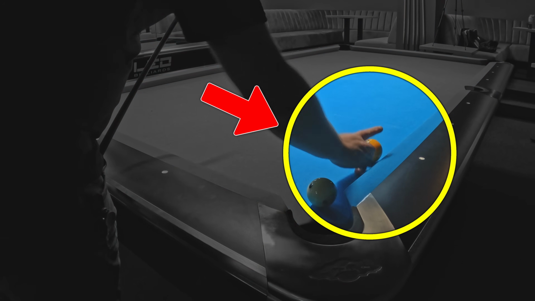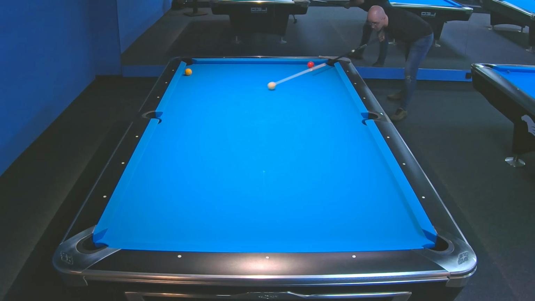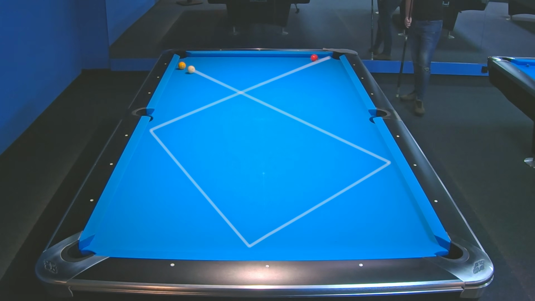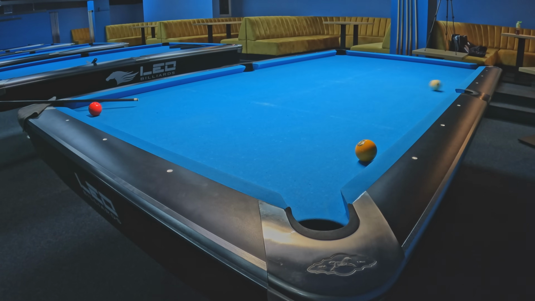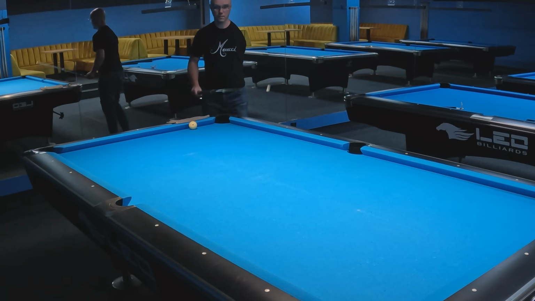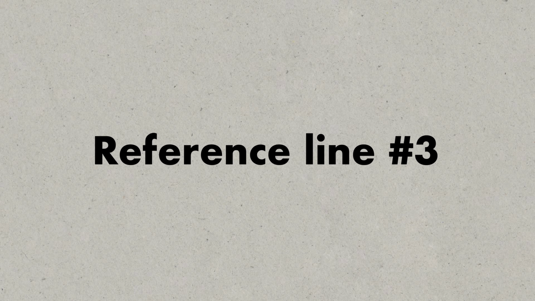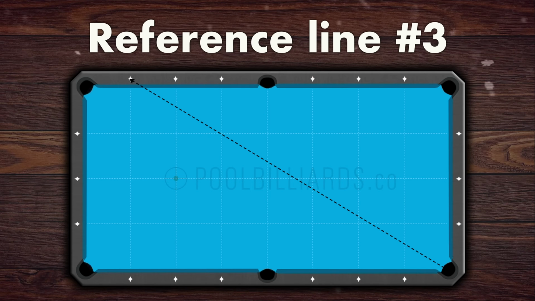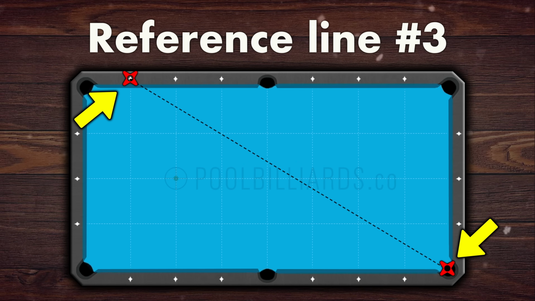So in this case, if we put the object ball very close to this diamond, then we can use this reference line to make contact with this ball or pocket it. Alright, and this is the moment where we need to talk about our reference line number 3. This line is going from the same corner pocket again, but this time to the first diamond on the same side rail.